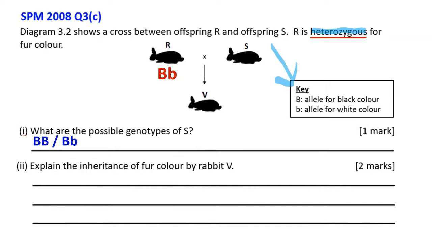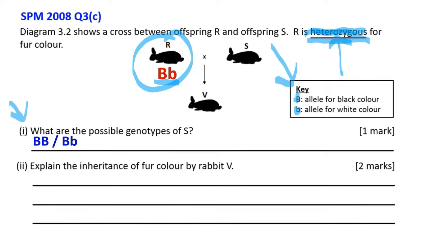Refer to the key here. Big B is the allele for black color, and small b is the allele for white color. Since the question already mentioned R is heterozygous, we know that the genotype for rabbit R is big B and small b.